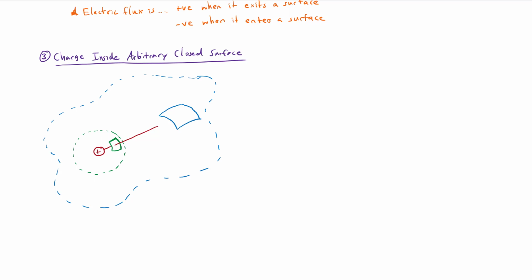I have something like this, which we call dS. We have the surface normal vector pointing up, right? And then we have our electric field. So we have this electric field line going through, and it's a distance r away.